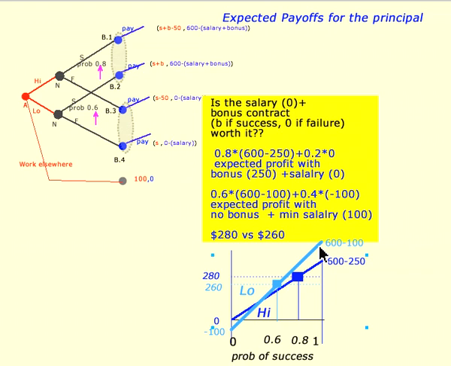Then when we look at the moral hazard problem, we'd like to induce higher effort, and strategically with the flat salary it's better for an employee just to put in low effort. We can induce high effort with a bonus payment and design an appropriate contract which will make it an equilibrium for the agent to put in high effort rather than low effort and to keep working here, and the principal to earn a higher expected profit from inducing that higher effort through a bonus payment rather than straight salary.